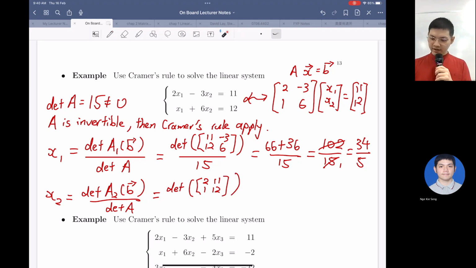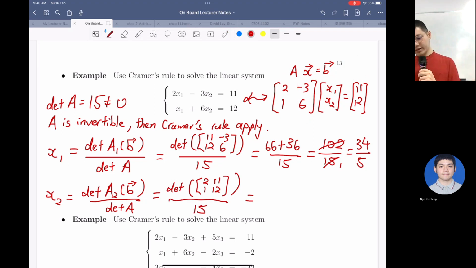So you replace the second column with the B vector, and then you keep the first column. So the determinant of A is 15. So the determinant of this thing is what? 24 minus 11. Okay, so what's this? 13 over 15.